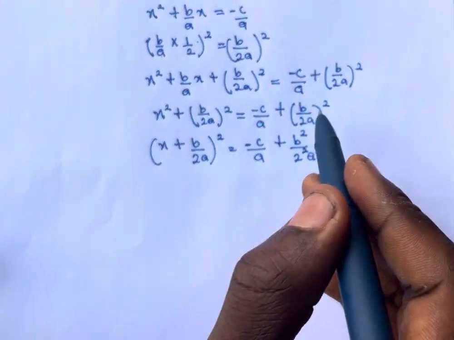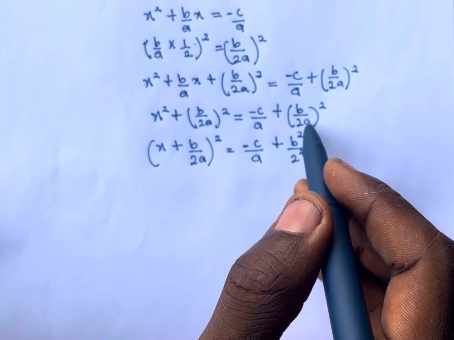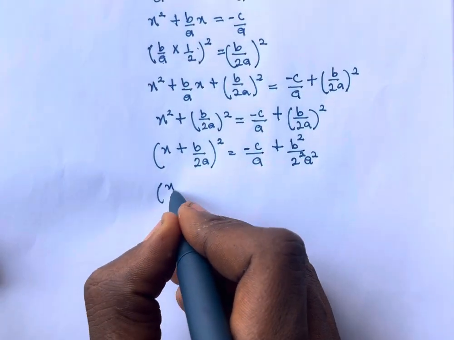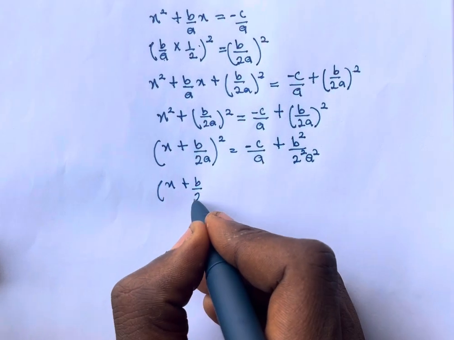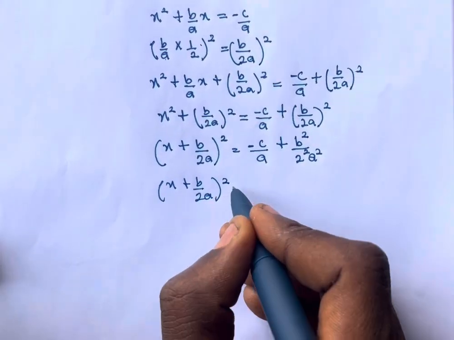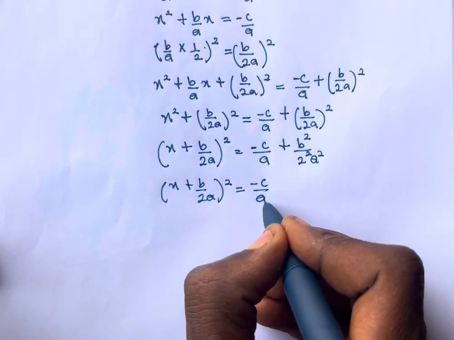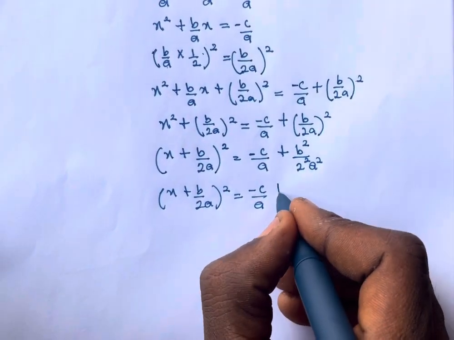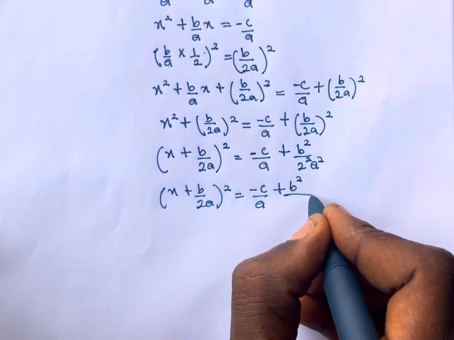We have to distribute this square to both b over 2a. Then we have x plus b over 2a squared is equal to minus c over a plus b squared over 2 squared.